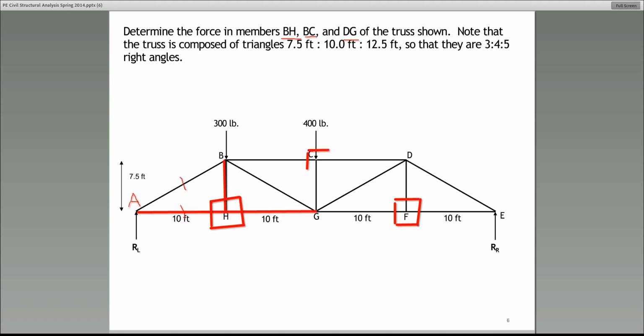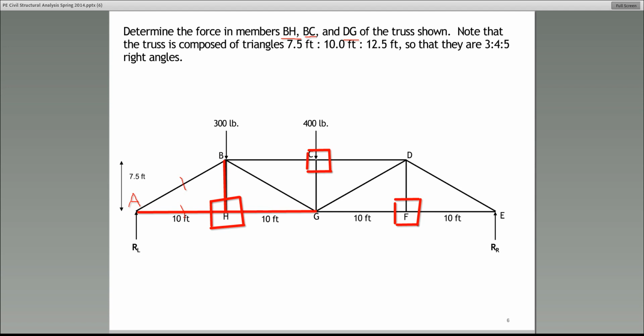So write it down. If you're, for example, solving for a member such as BH, DF, or CG, look at both ends of the member, and if one of the ends is a T section, definitely what you need to do is apply the method of joints at that T. All right? That makes things very easy for you. So make a note of that.